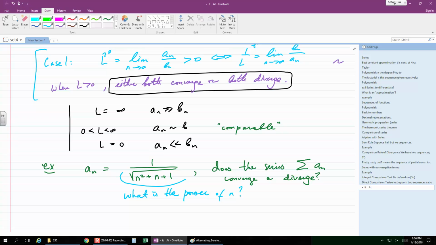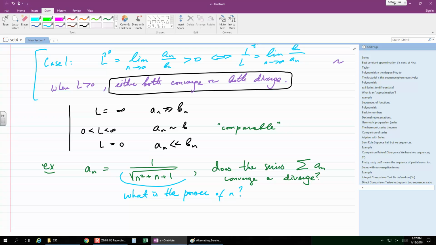So what's the highest power? What about the square root?